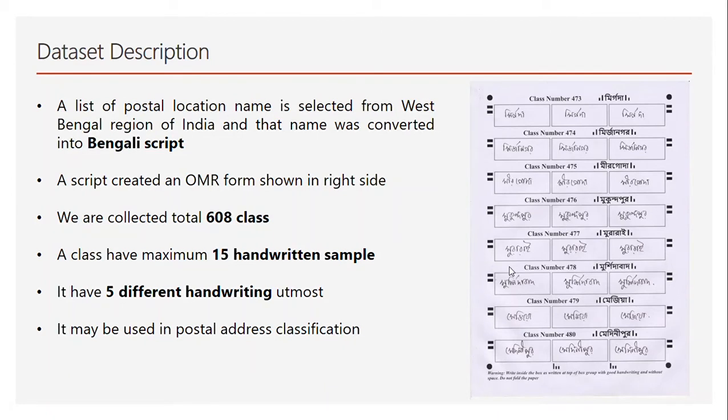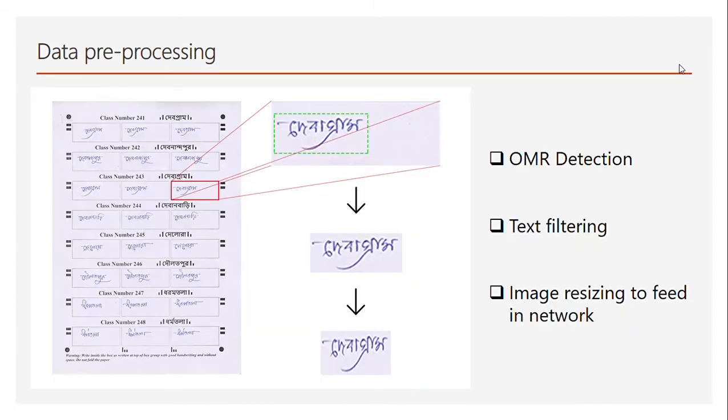The image on the right side shows how our survey form looks. There are a total of 8 classes present in one form, and a user can fill this form with their own handwriting, and each volunteer can take a maximum of 5 different forms. You can see this form is an OMR sheet.